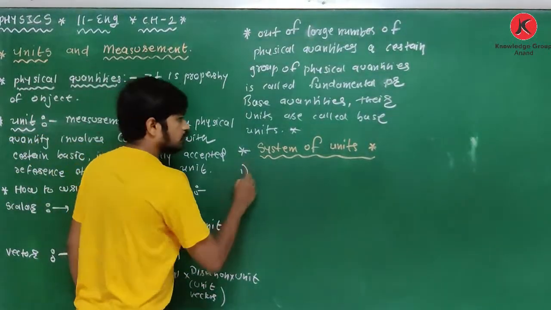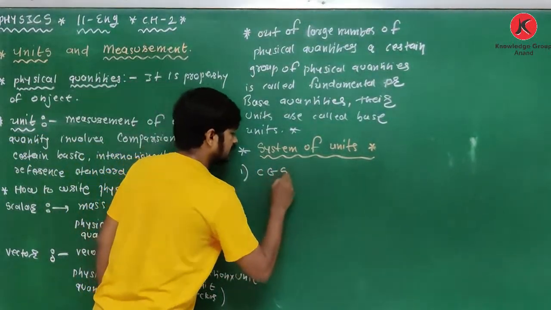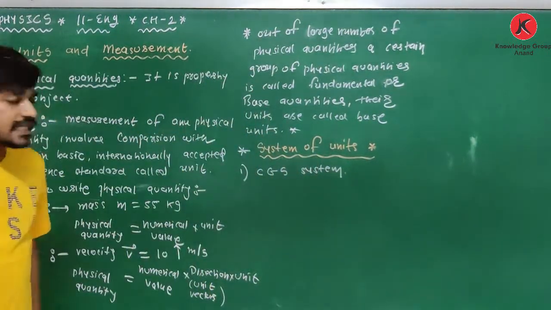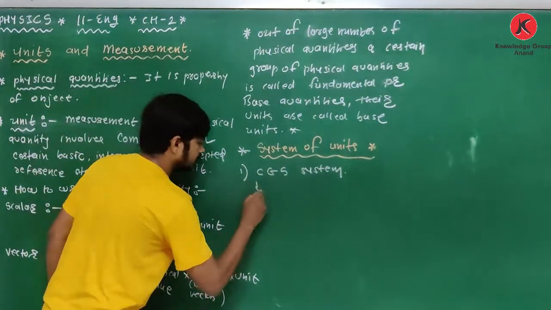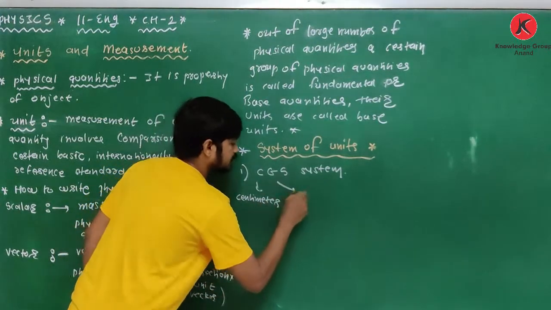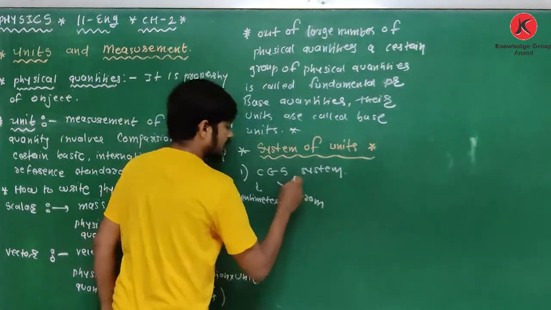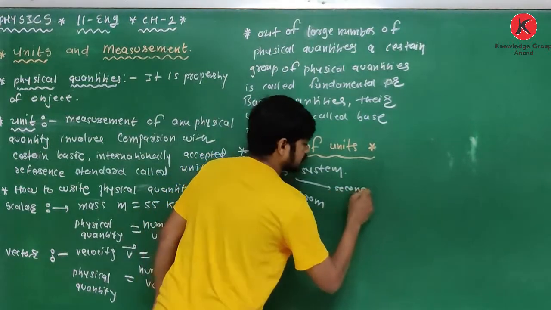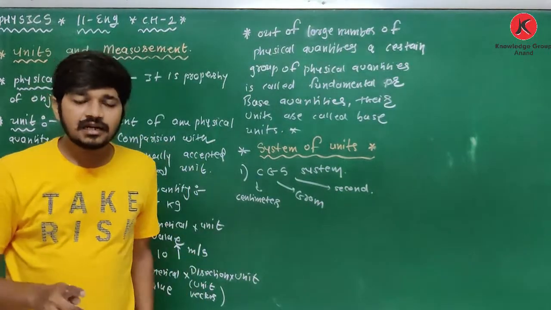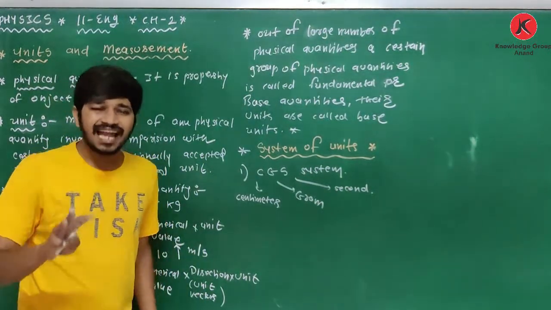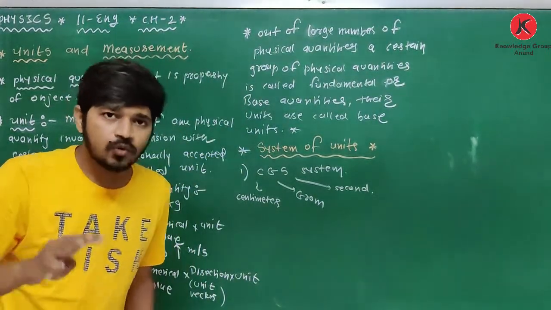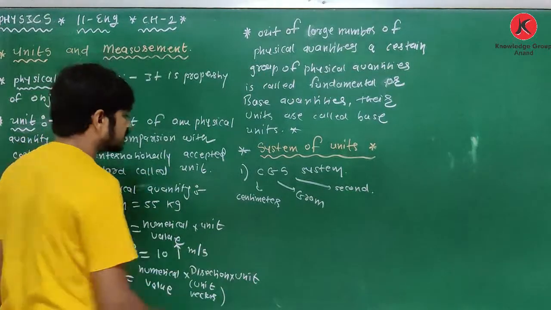see, first it is the CGS system. C is for centimeter, G is for gram, and S is for second. So in the CGS system, they considered three quantities as fundamental quantities. Which ones?